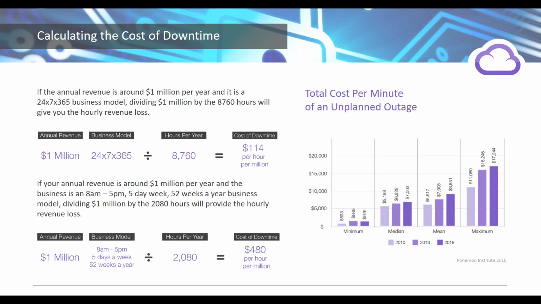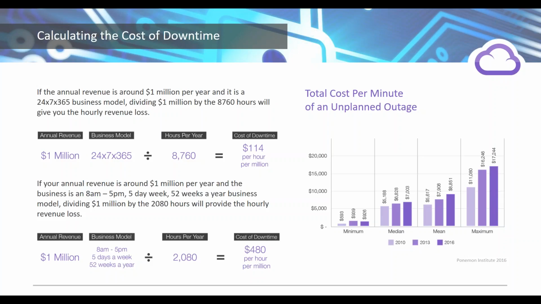We get asked all the time, how do I calculate the cost of downtime? Unless you are the business owner yourself, it's hard to come up with anything that somebody would believe. So the easiest way is to take the customer's annual revenue, whether it's $1 million, $10 million, or $50 million, and ask them: are you operating 24/7, or 8 to 5, Monday through Friday?